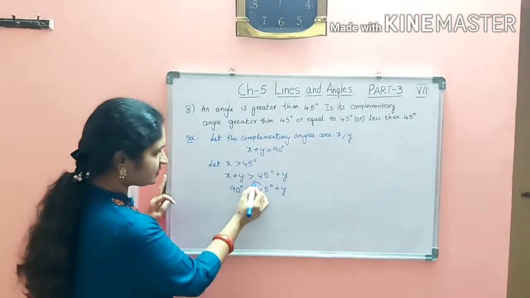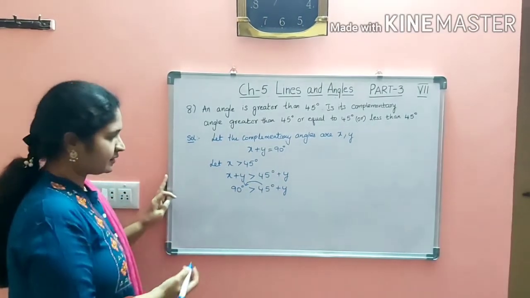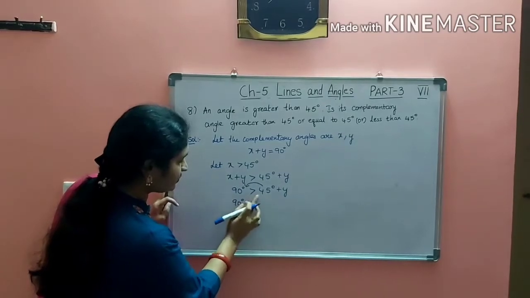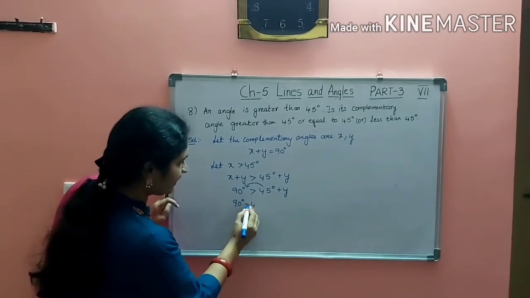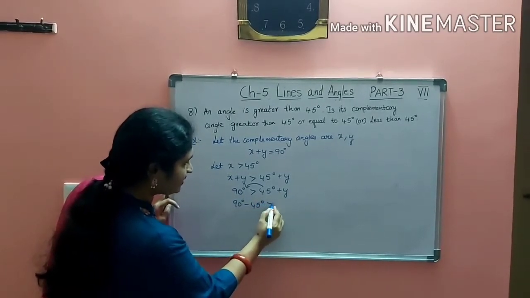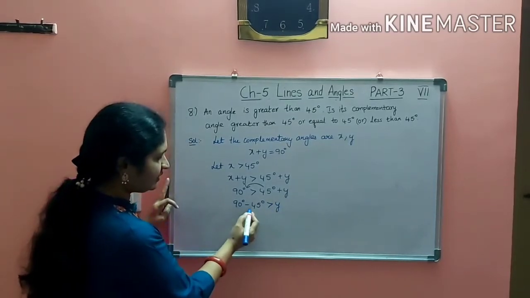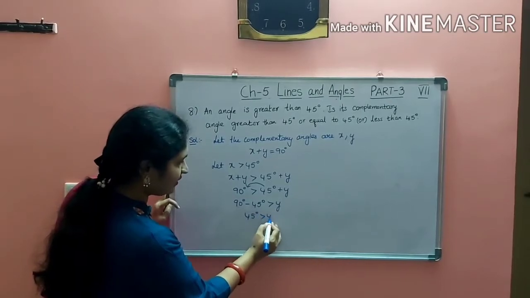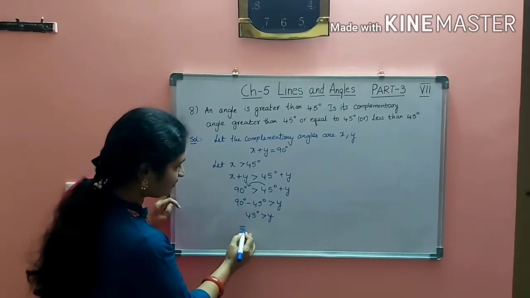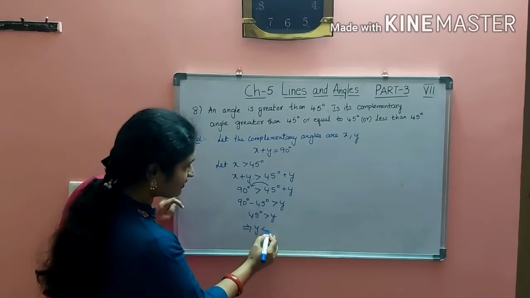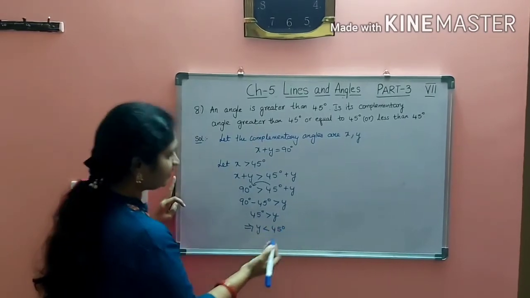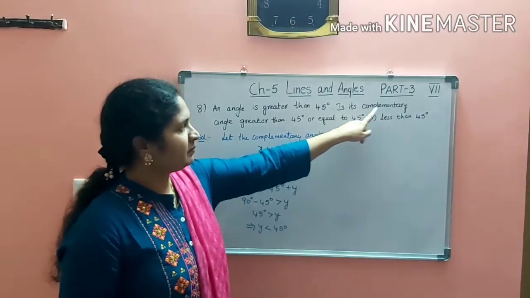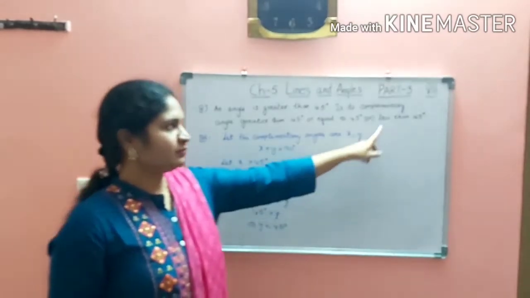I can transpose this 45 degrees to this side, so plus 45 will become minus 45 degrees here. 90 degrees minus 45 degrees is 45 degrees, which is greater than angle y, which implies angle y is less than 45 degrees. If one angle is greater than 45 degrees, its complementary angle is less than 45 degrees.